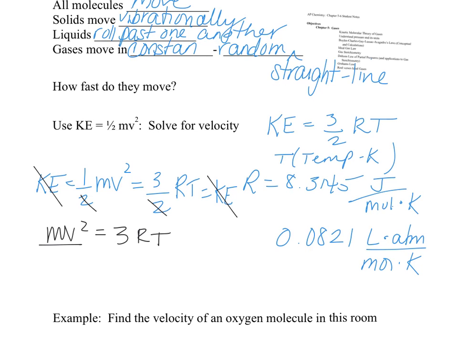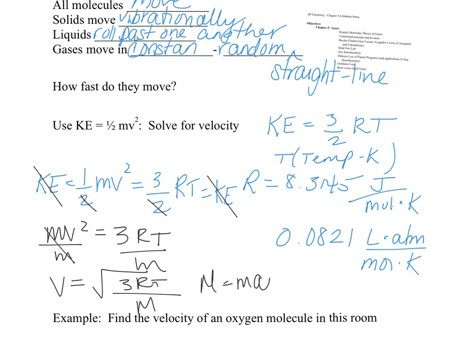Solving for velocity, I'm also going to take the square root, because my m's are going to cancel. So I'm going to get v equals the square root of 3RT over m. And the m is equal to mass, and that's going to be measured in kilograms.